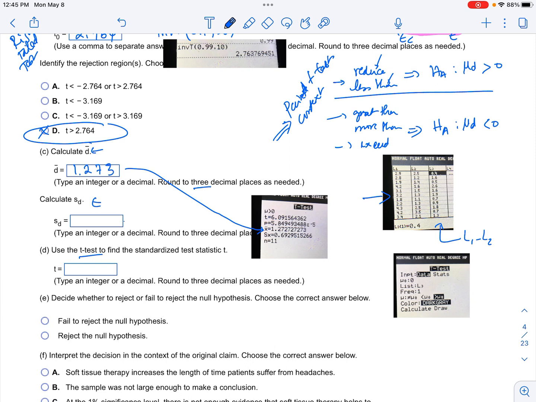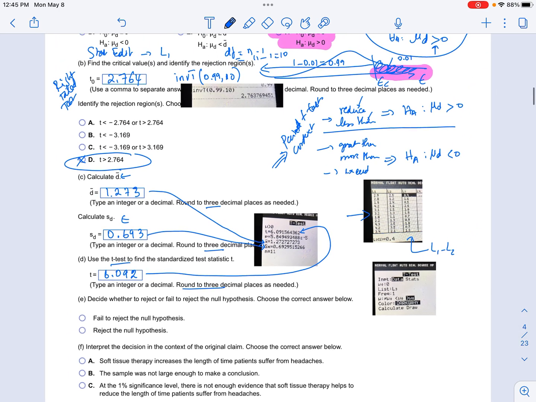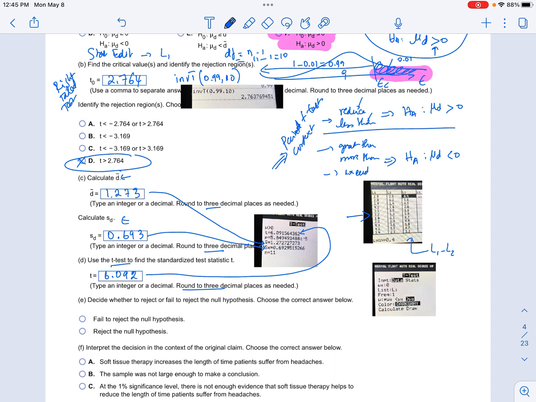Then it gives you your SD, which is here, which is going to be 0.693. Then it gives you your standardized statistic, which is here, 6.092. That's that. And then you're going to see where you go from there.